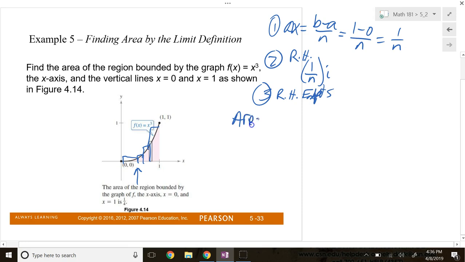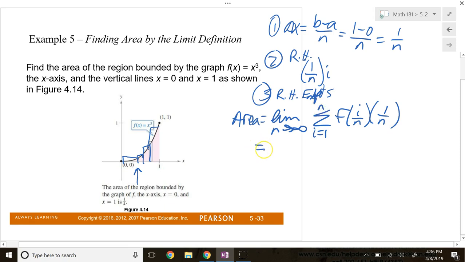So the area is the limit as n goes to infinity of the summation of f of i over n times our delta x, 1 over n, from i being 1 up to n. Well, I'm going to use my function.